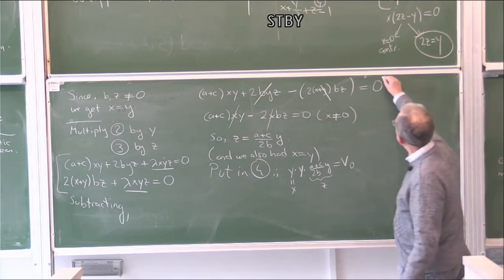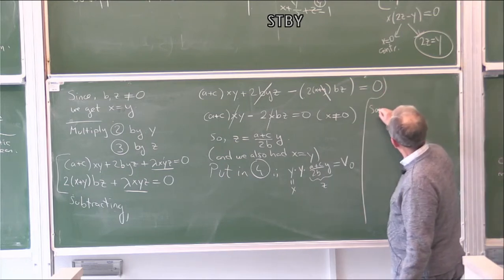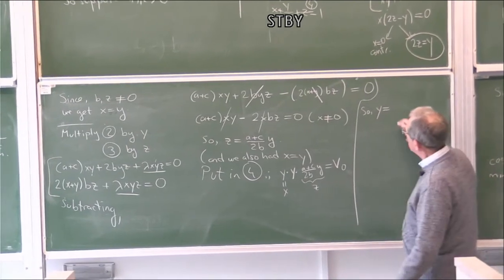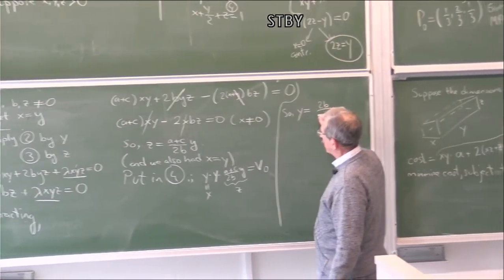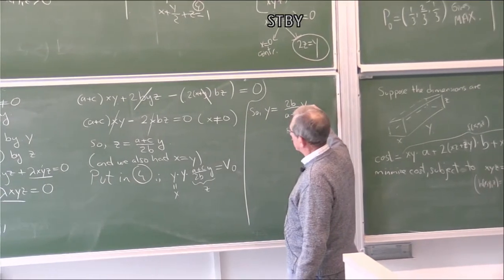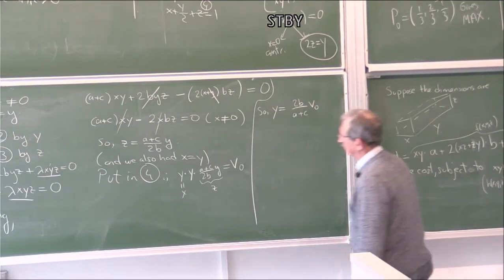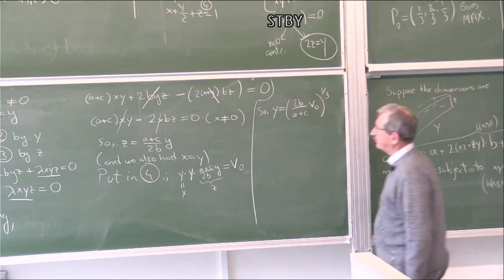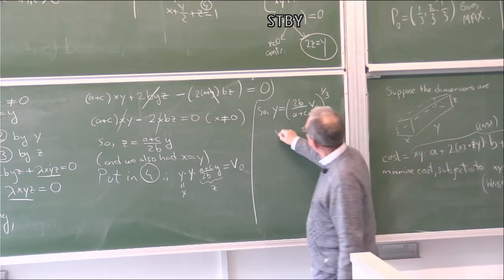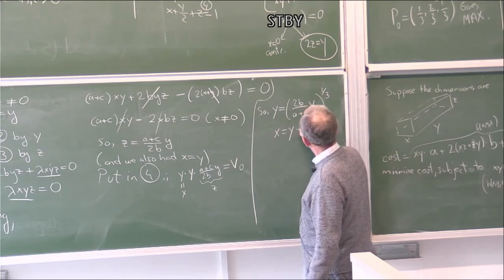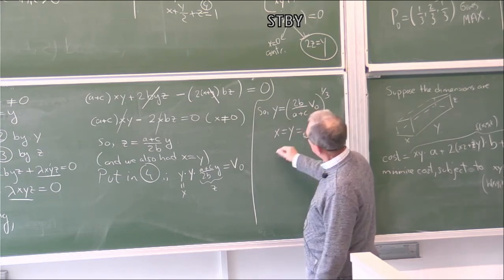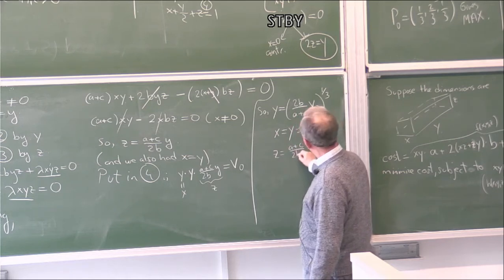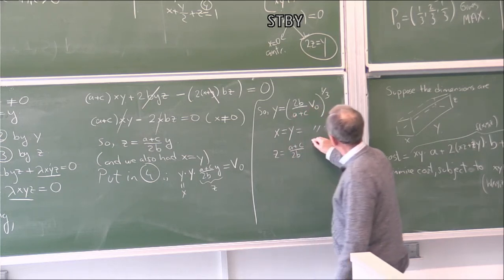Now this says y can be calculated. It's the cube root of 2b over a plus c v0. The cube root. Well, x is y, so it's the same. Z is a plus c over 2b y.